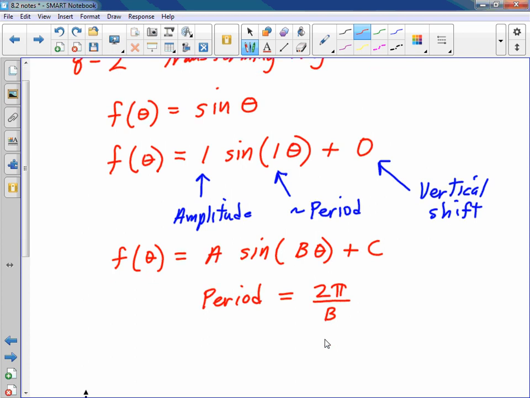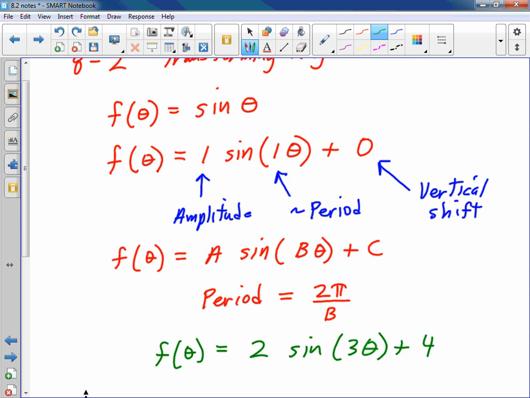So let's look at a specific example. What about if we had something like, let me think of something. F of theta equals 2 sine 3 theta plus 4. Something like that.